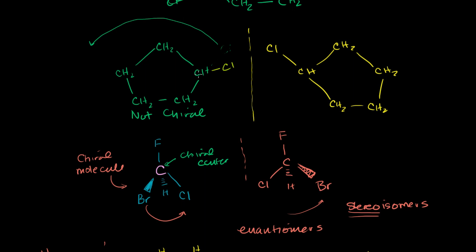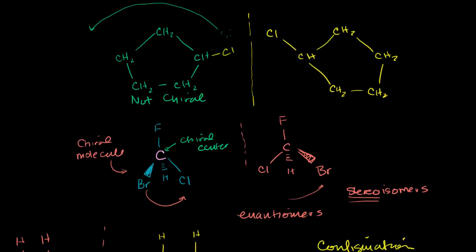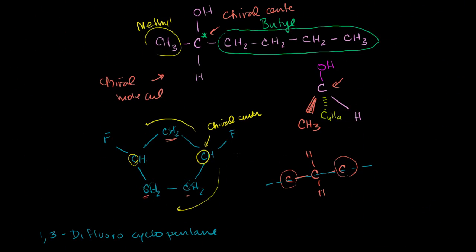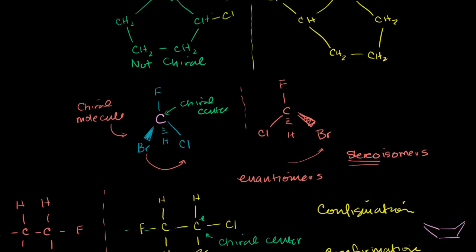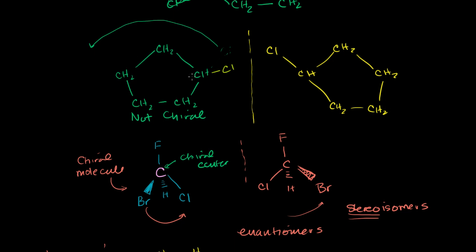Over here, we thought about this as a potential chiral center, and it's playing the same role as this carbon down here. But you see over here, this is not a chiral center because there's actually an axis of symmetry for this molecule that goes through that carbon. The way I drew it, it's not completely neat, but you can see that that is the reflection of that if I were to draw the bonds a little more symmetric.